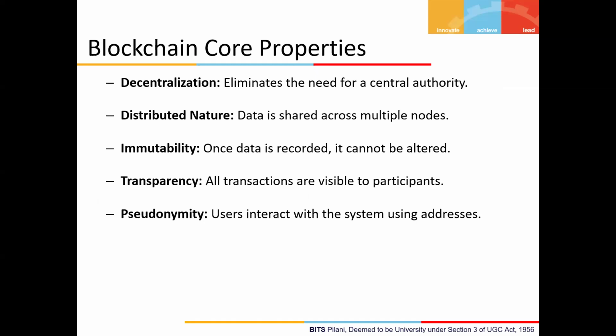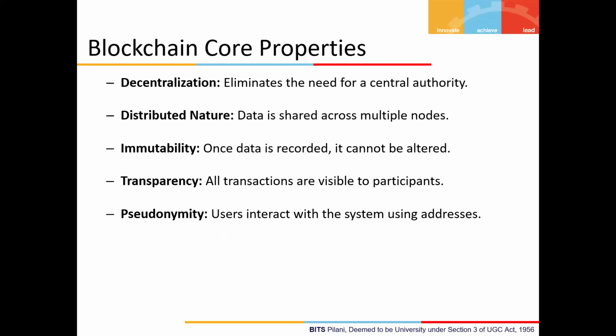Initially we discussed the drawbacks of centralization. The first issue was that there is a central authority. If there is an issue of central authority in any application, we can solve that using blockchain because there is no centralization, right?